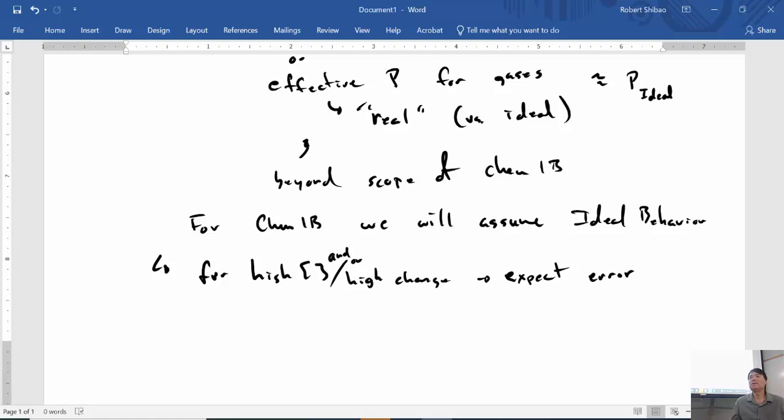This is like if we use the ideal gas law to calculate the pressure of steam at 0 degrees C, 273 Kelvin, is it going to give us an accurate pressure? No. I mean, we are going to expect it's going to fail completely, right? And so the same thing here.